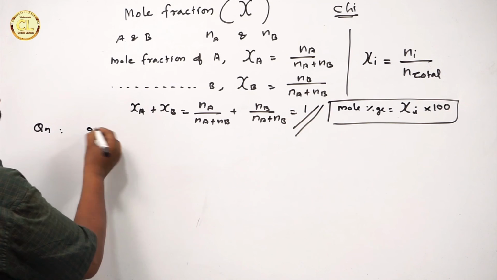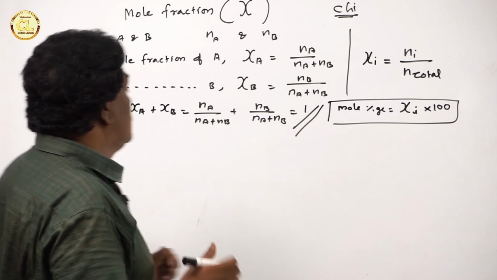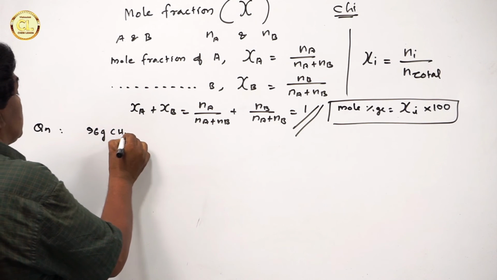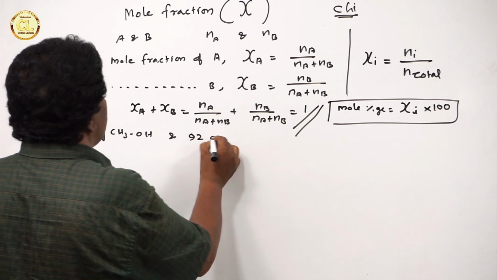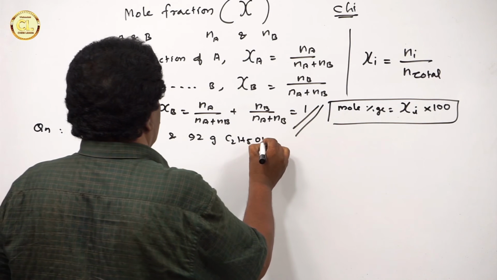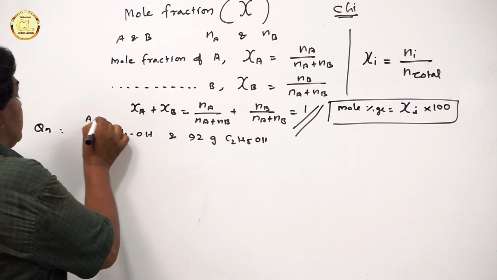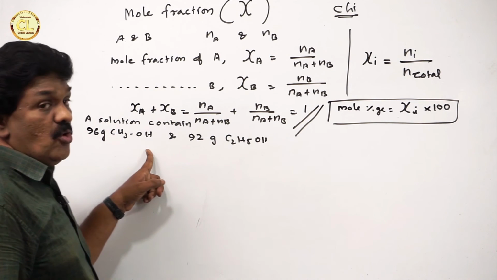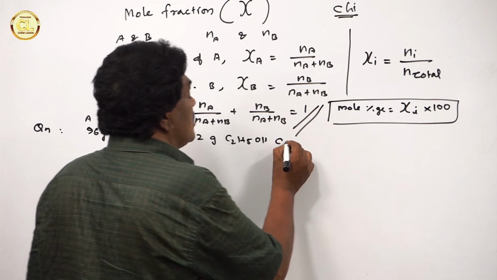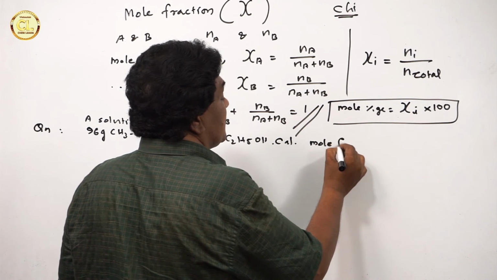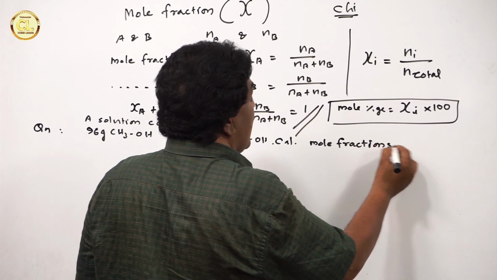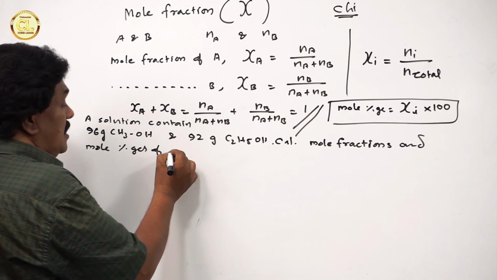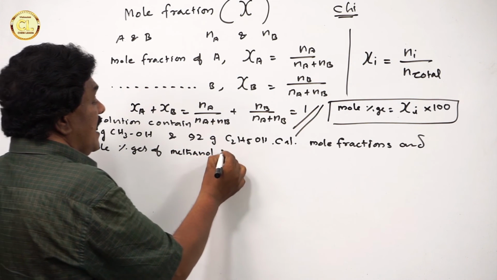A solution contains 96 gram of methanol and 92 gram of ethanol. Calculate the mole fractions and mole percentages of methanol and ethanol.